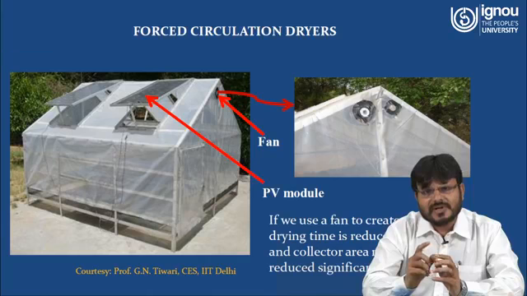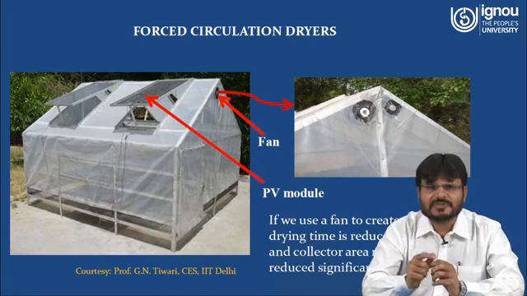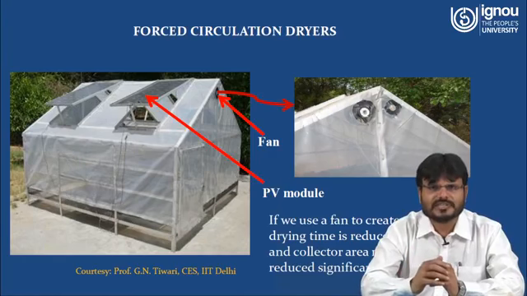If you want to control the speed of the blower, between the PV module and the fan you can use a regulator, and with the help of the regulator you can control the speed of the blower.